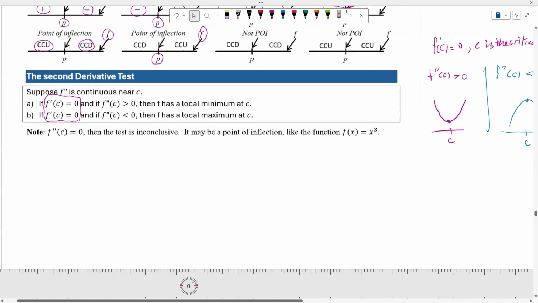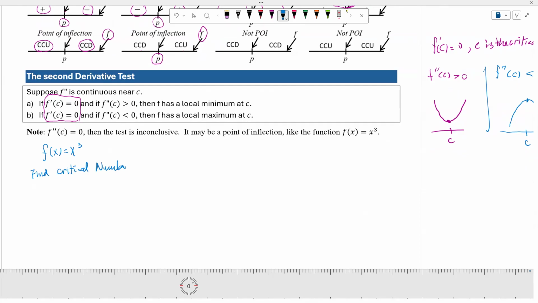So again, maybe let us try to see what is going on here. I have f of x equal to x to the power 3. Now, if I want to find critical numbers, then I need to find f prime of x equal to 3x squared, and then I set this equal to 0.